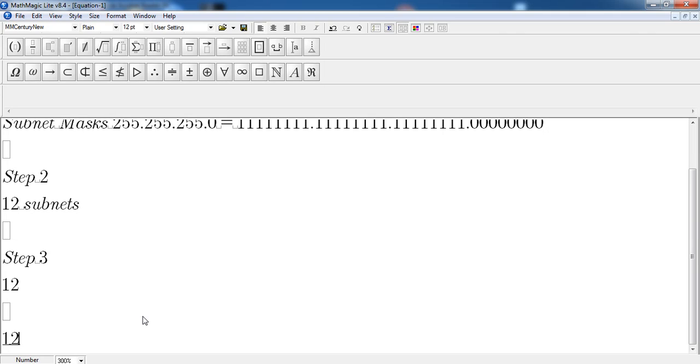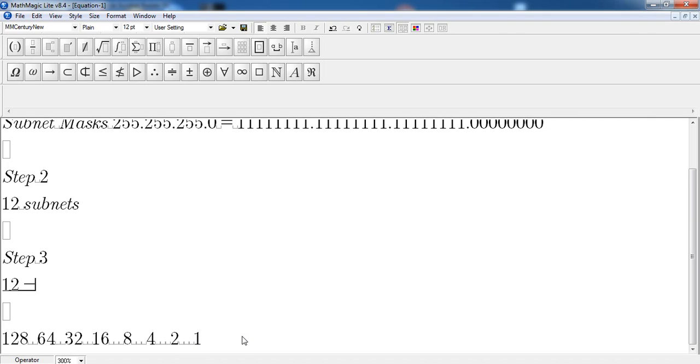So we have 128, then 64, 32, 16, 8, 4, 2, and 1. We start with 12 to set up the subtraction.